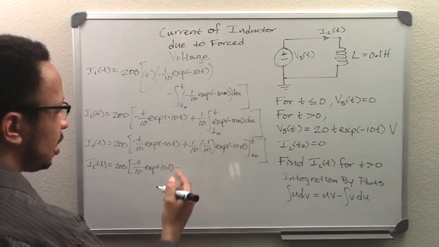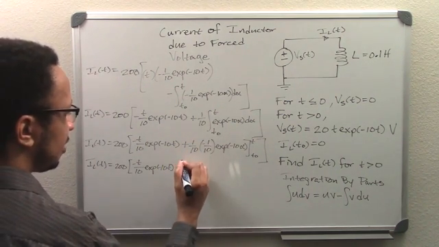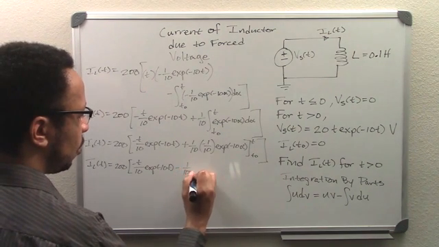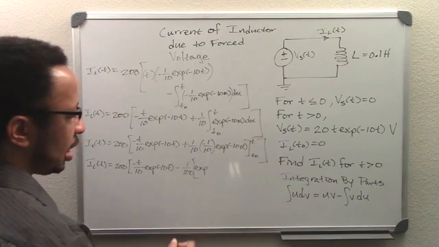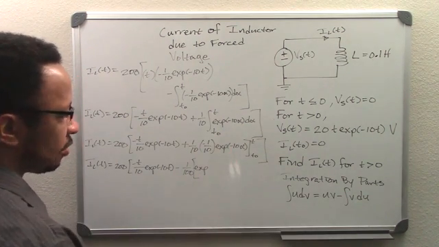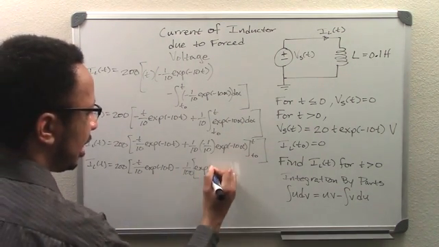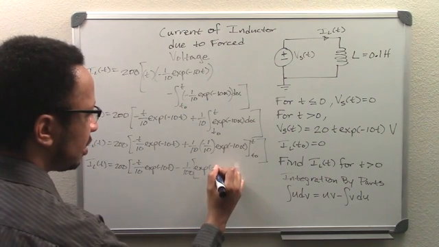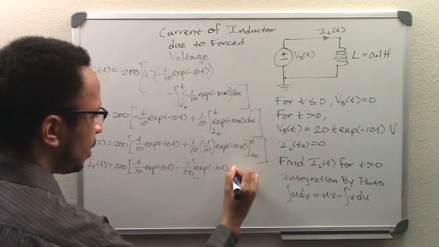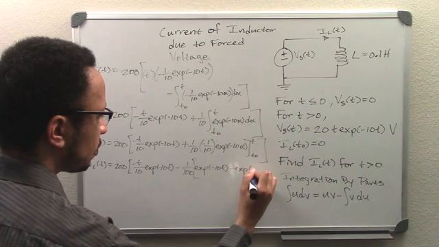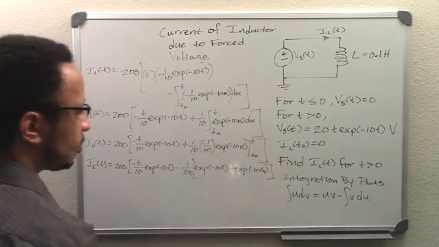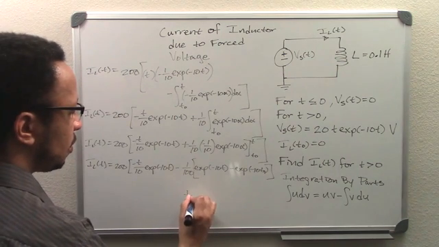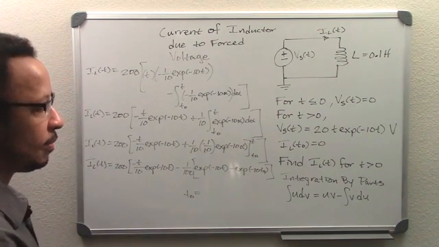A negative times a positive is a negative, so negative 1/100 exponential, and that's evaluated between t and t sub 0, exponential negative 10t minus exponential negative 10 t sub 0.